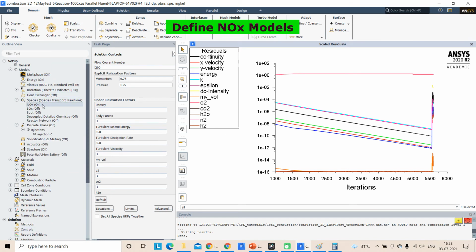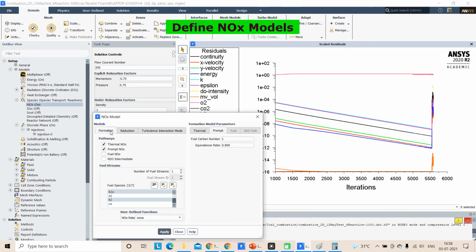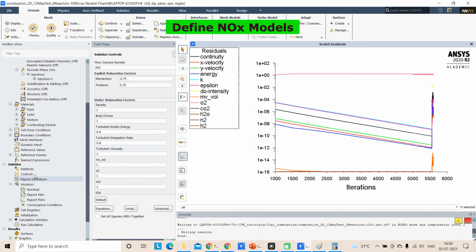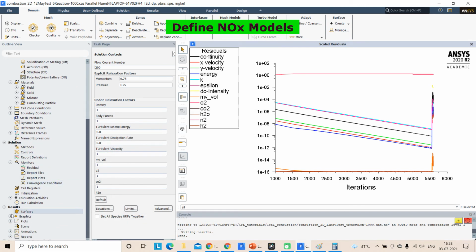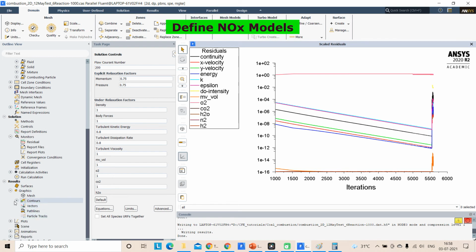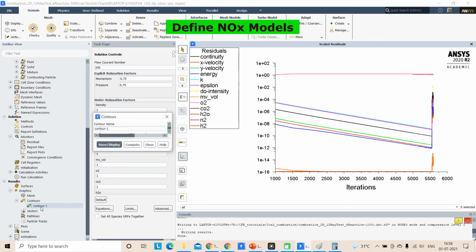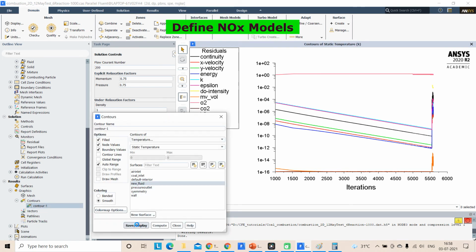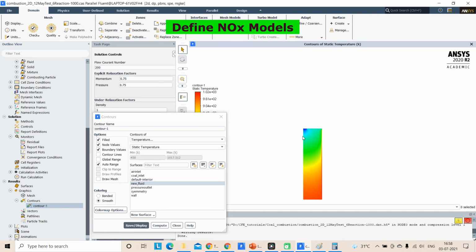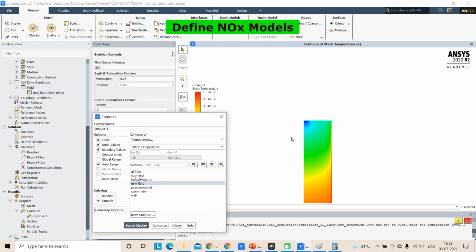Here I select the NOx. Before going to NOx, I see some results. You can see the results, possibly like the temperature only. This temperature is low because the fuel enters at a low temperature. Hence, you see the low temperature, and here a high temperature region is formed after it due to reaction.